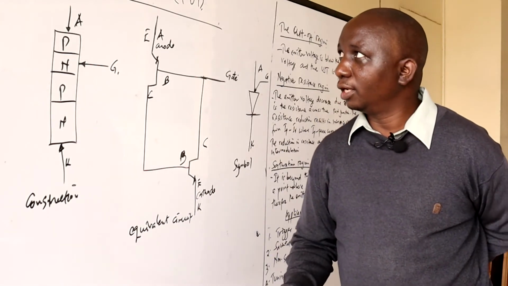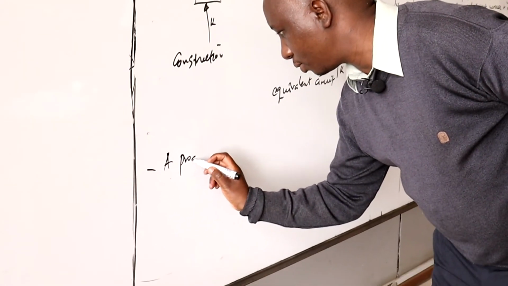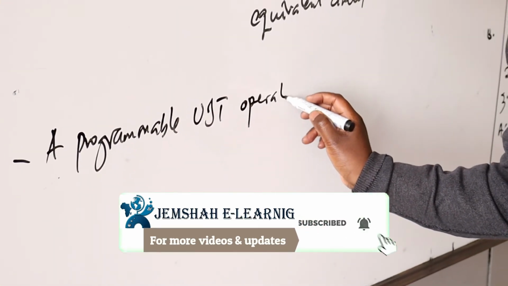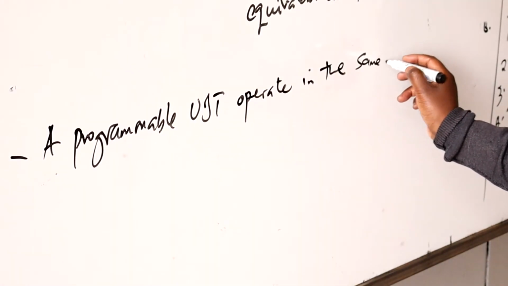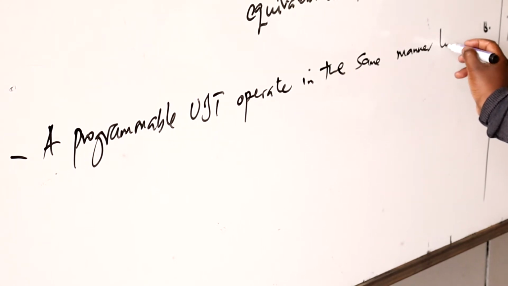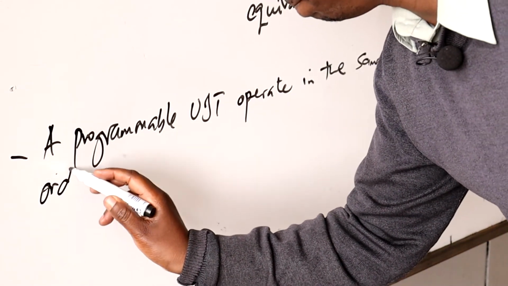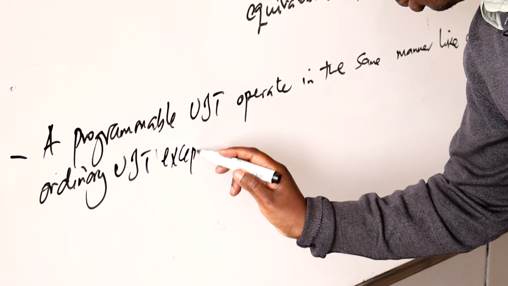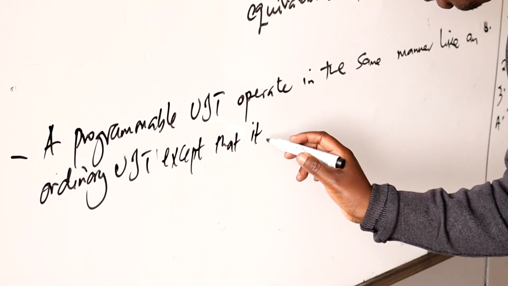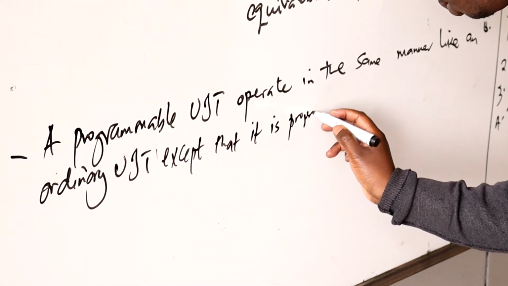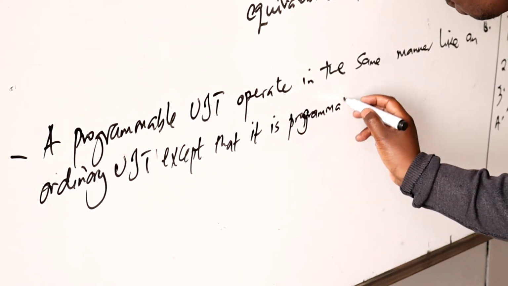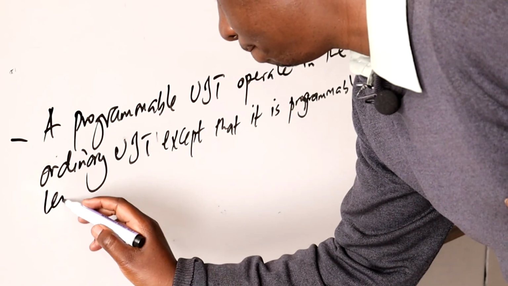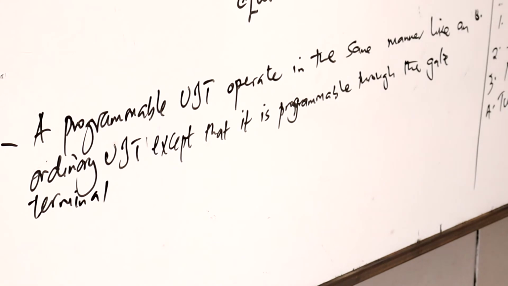So a programmable UJT operates in the same manner as an ordinary UJT, except that it is programmable through the gate terminal.